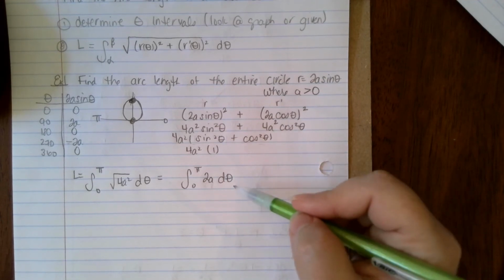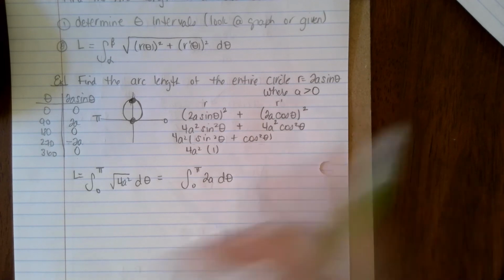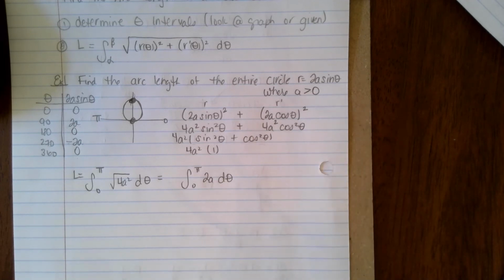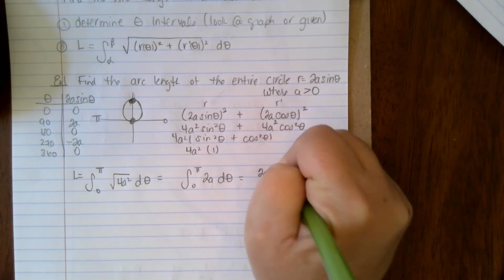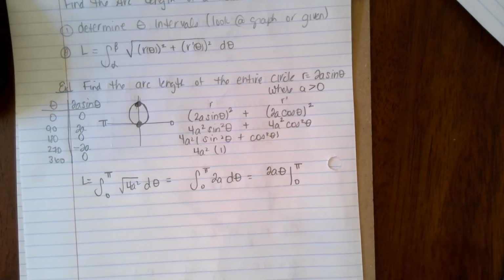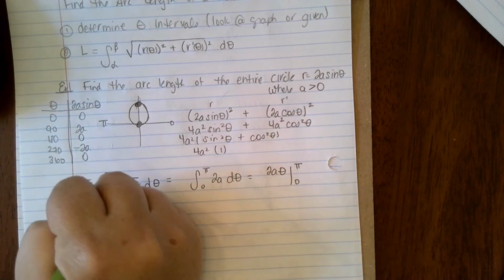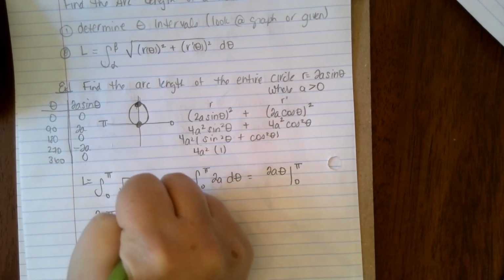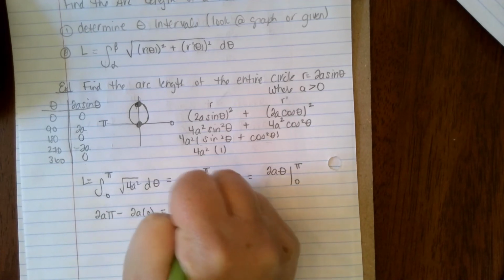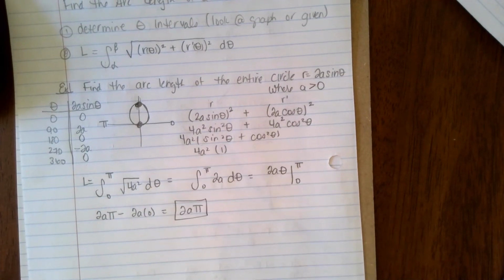This is 2a d theta. If you integrate that, then it's just 2a theta. So it's 2a theta from 0 to pi. So you plug in the pi first. 2a pi minus 2a times 0. And you get your final answer to be 2a pi, because 2a times 0 is just 0.